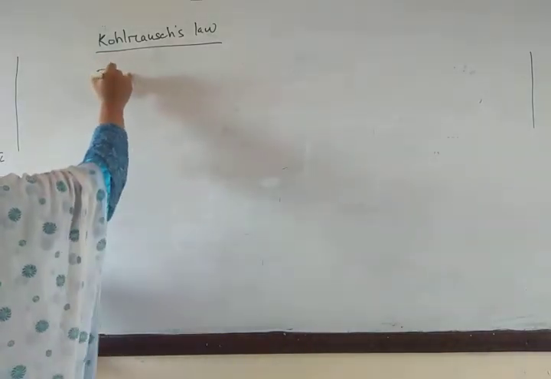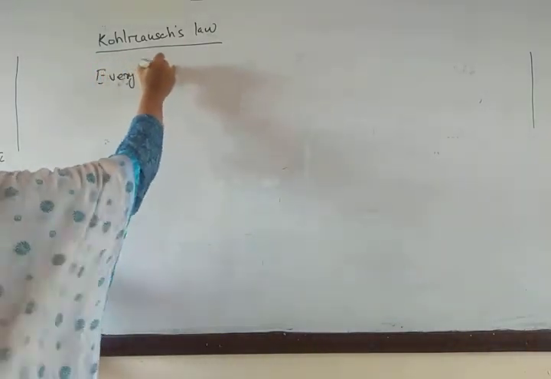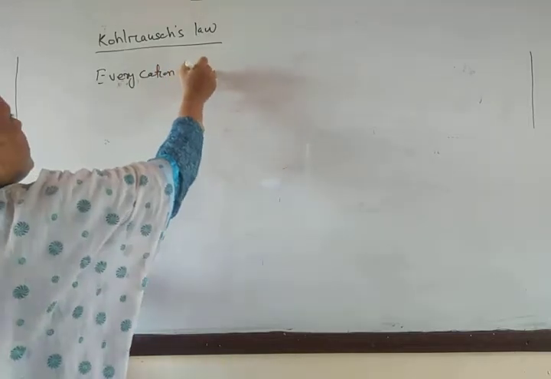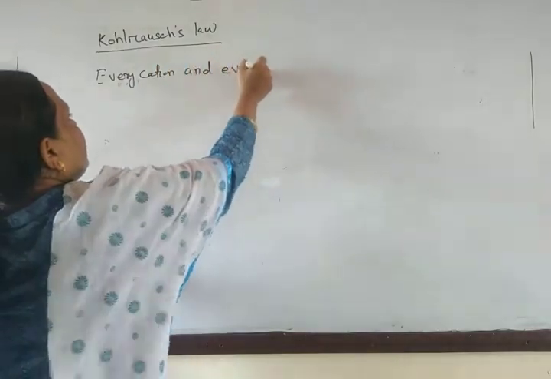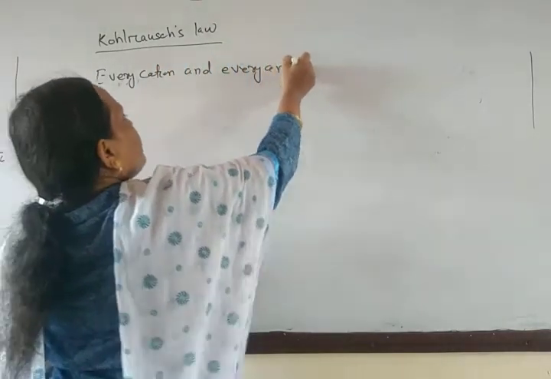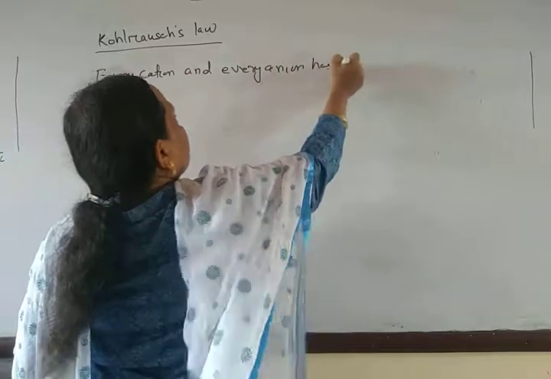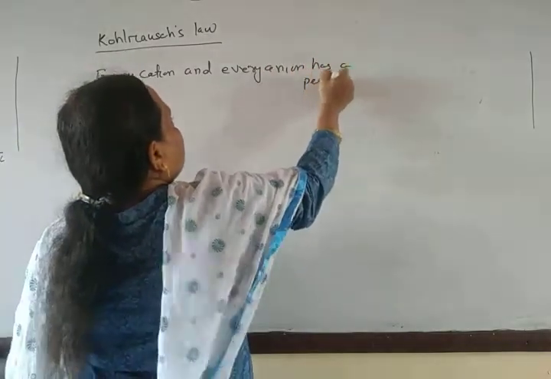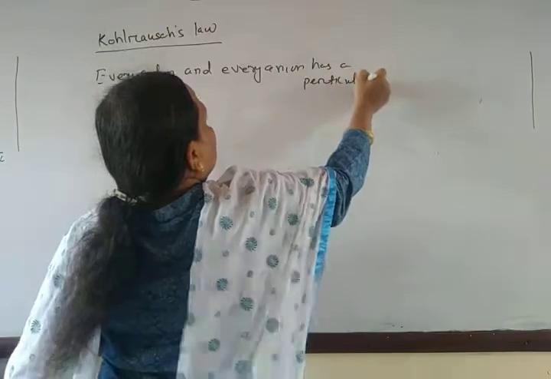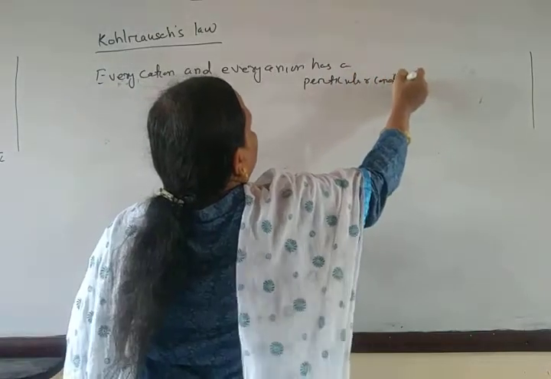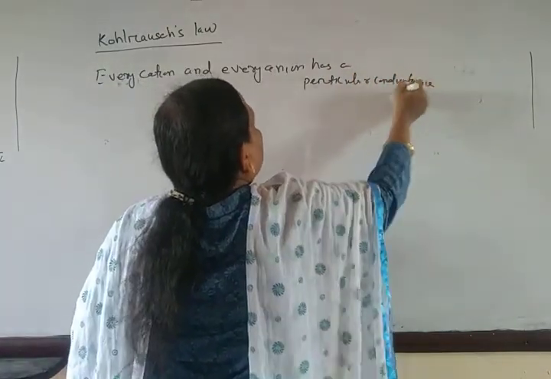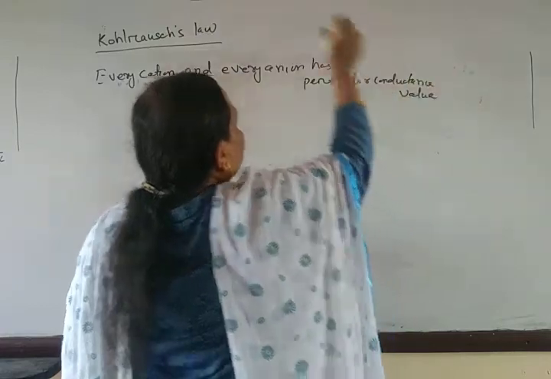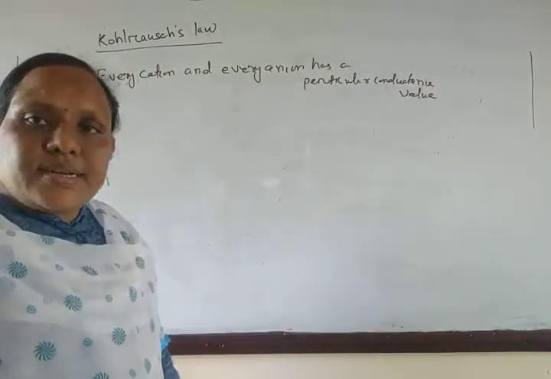So from that, he concluded that every cation and every anion has a particular conductance value. And from this conclusion, he formulated this law.